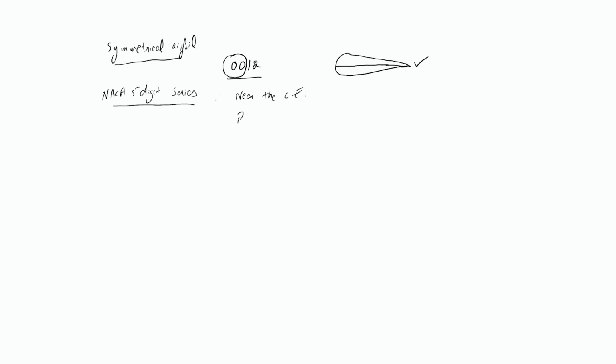Researchers noted that the lift, or the upward force, increases when the location of maximum camber is near the leading edge. So that's why they came up with the 5-digit series airfoil.